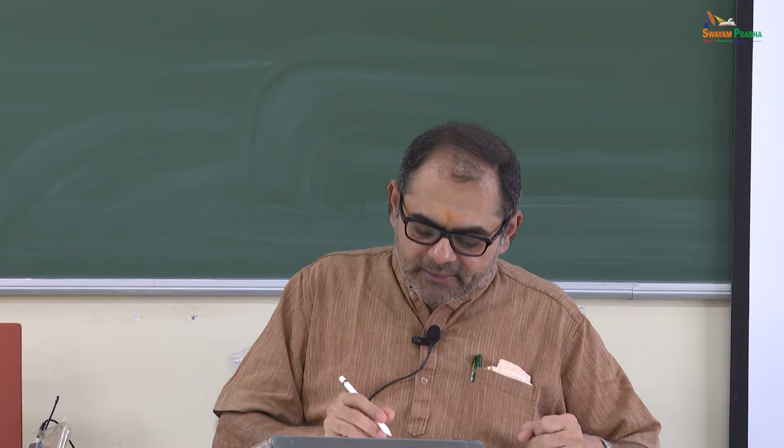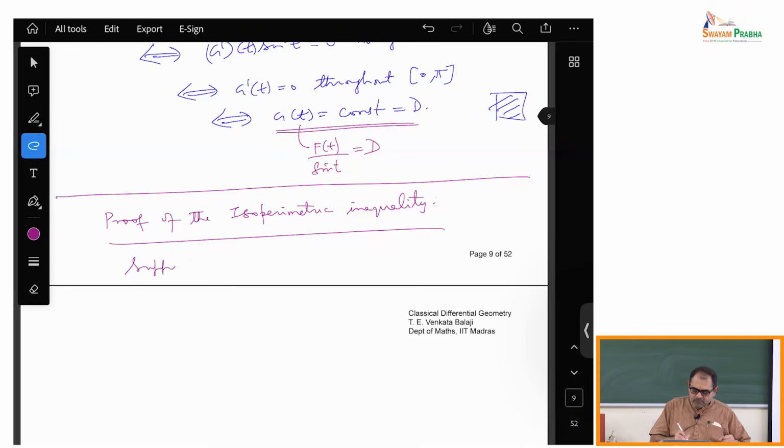Okay, so suppose we start with gamma, a simple regular closed curve.